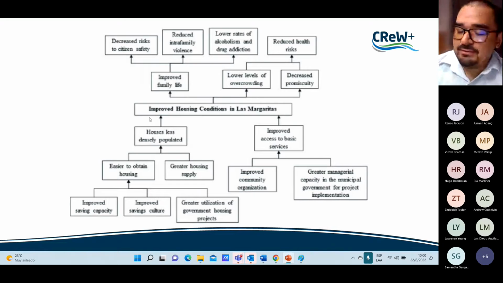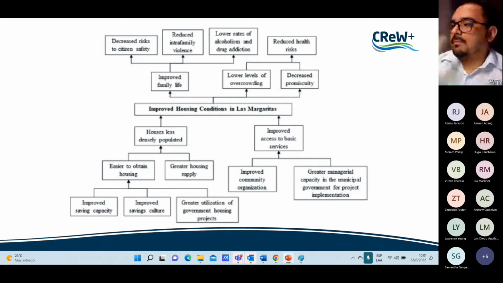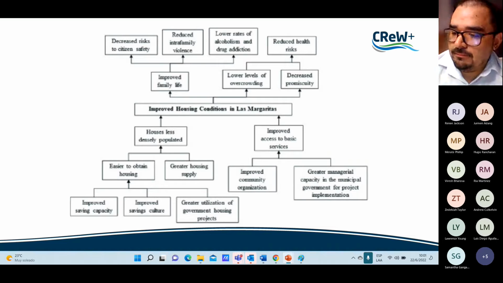What do you think about these transformations in the case of Las Margaritas? Comments, doubts? Someone? Are we good in this case? Everything good? Renee, German? Everything clear? Andrew, Taylor, Lawrence, Samantha, Ria, go ahead.